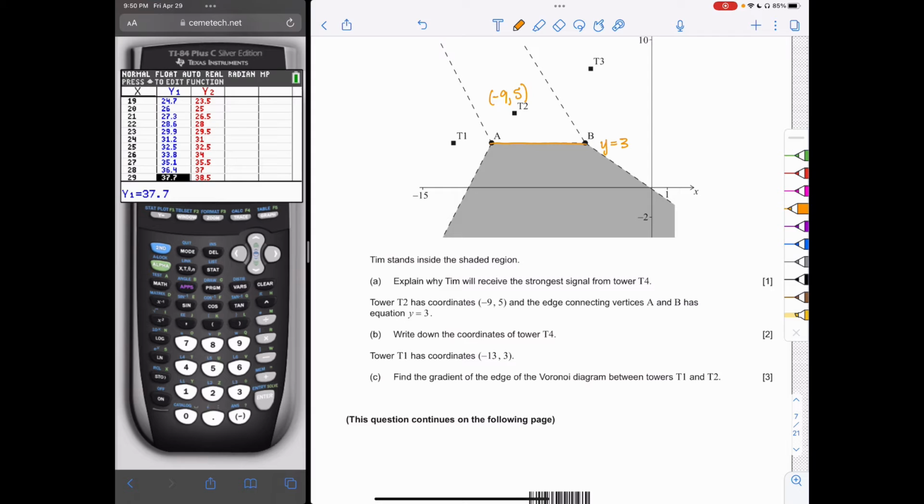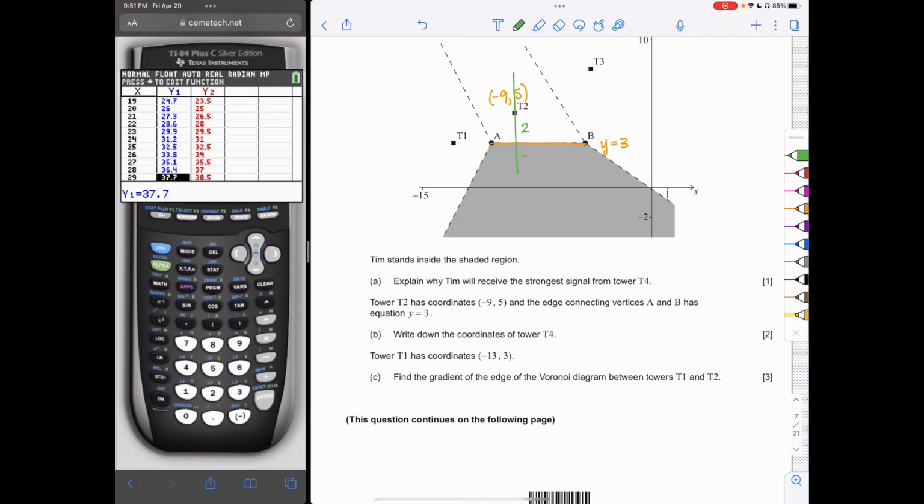Well, you have to understand that the only line that is perpendicular to a horizontal line is a vertical line going up and down. So I know that Tower 4 has to be on that vertical line, and it's going to have to be the same distance away from the horizontal line as Tower 2. So here from Tower 2 to the y equals 3, that was a distance of 2 between them. Because I'm looking at the y values. I'm looking at 3 and 5, it's a distance of 2.